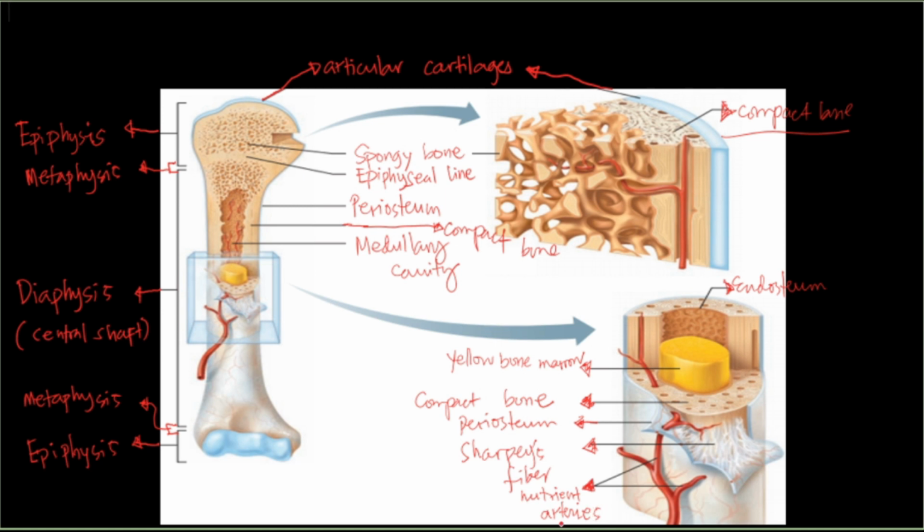Nutrient arteries. And take note also that osteoblasts, or the bone building cells, can also be located in your endosteum. As a whole, these are the internal and the external features of the long bone.